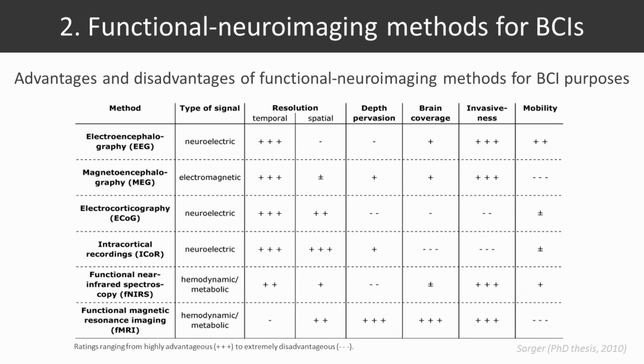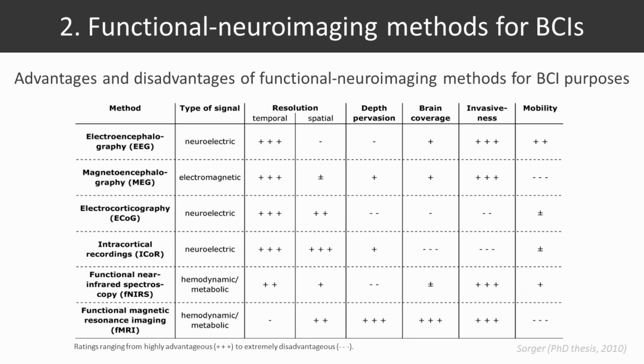The other dimension, depth penetration, refers to the question whether we can actually measure brain signals of deep brain structures, and here fMRI is the most powerful method. Brain coverage refers to the question, how much brain tissue can we actually measure?